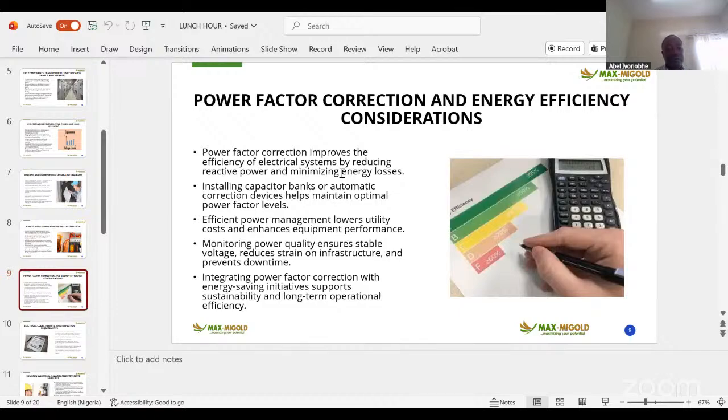Integrating power factor correction with energy saving initiatives supports sustainability and long-term operational efficiency. So these are the ways you can reduce costs, maximize savings, and sustain operational efficiency. We don't produce anything as facility managers. We play with figures.